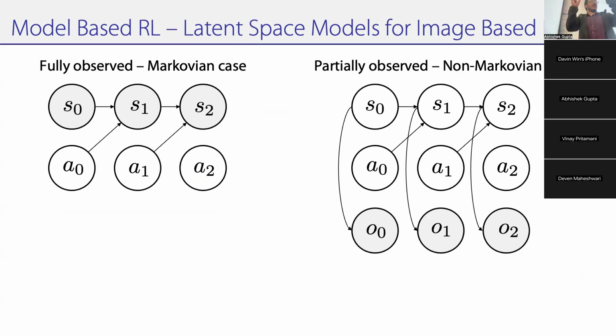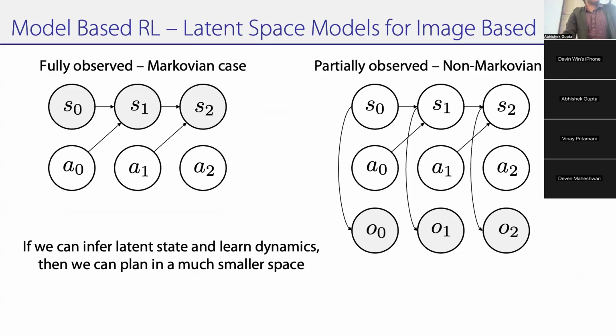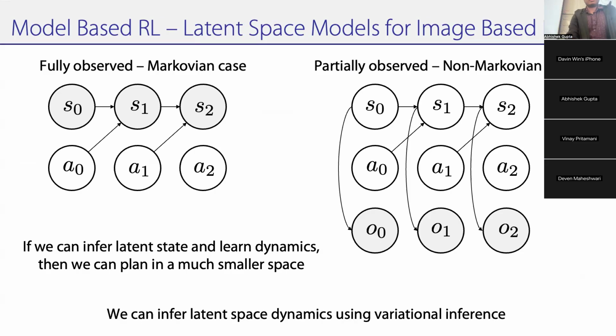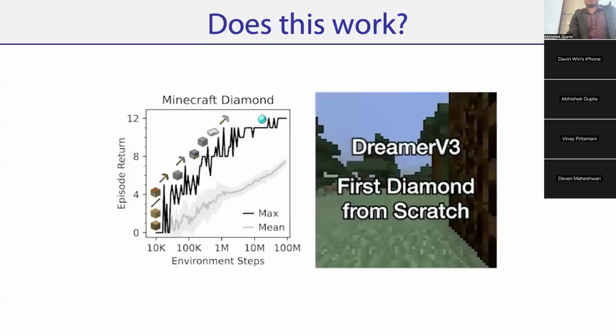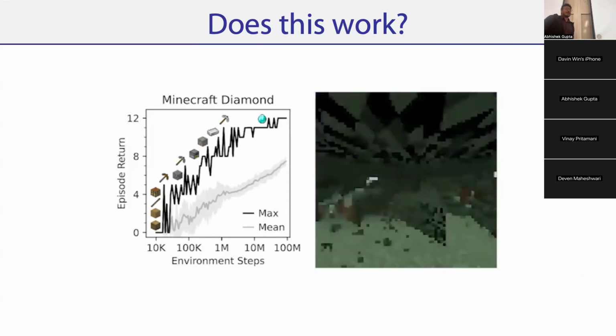You're trying to figure out a latent space from your observations and then do planning in that latent space. And so there's a bunch of algorithms where you can learn latent spaces, right? So you can learn a latent space that best captures the dynamics of the world and then plan in that latent space, right?